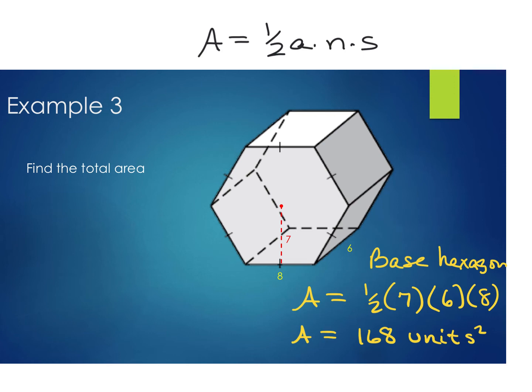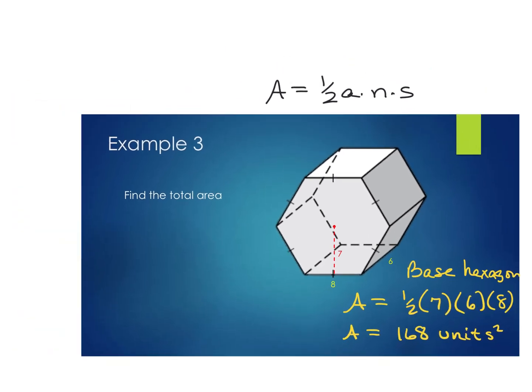Now, to find the lateral area, remember that formula. So remember, for total area, the formula is 2 times the base area plus the lateral area. So I already did the B. That's this 168. I need to do the LA. Lateral area is perimeter times height. I know all sides of my hexagon are going to be 8.